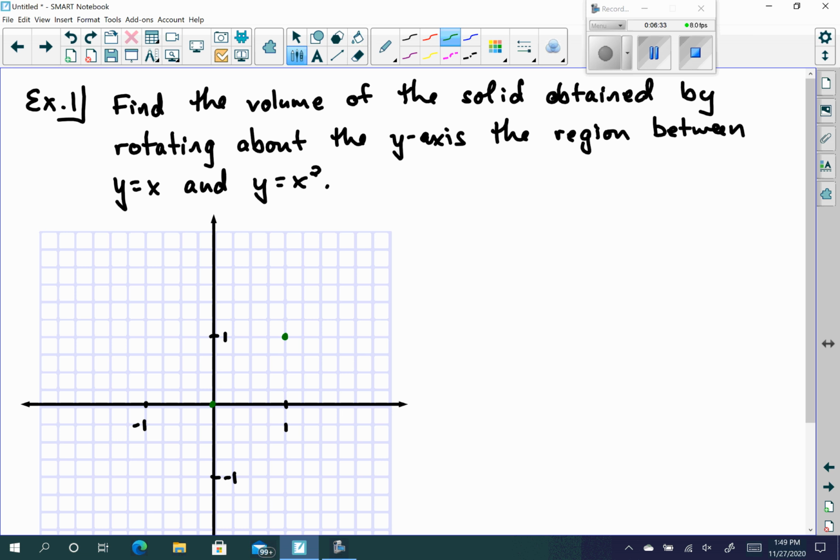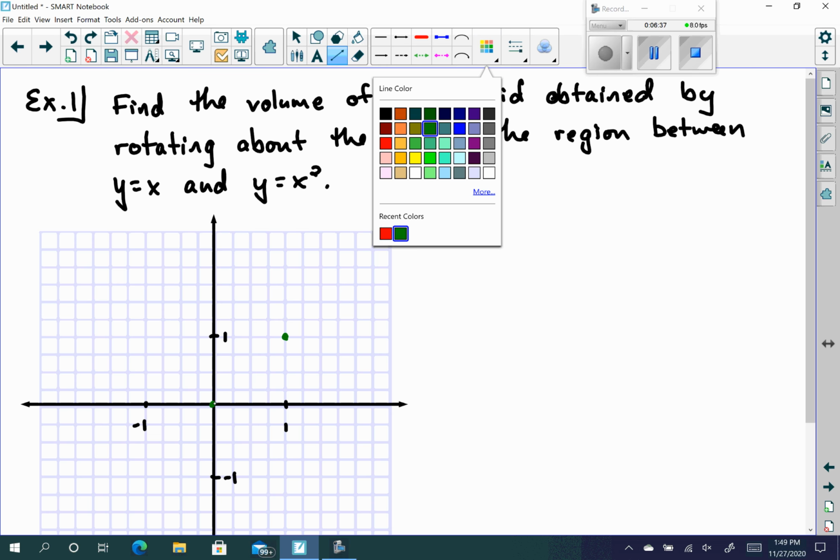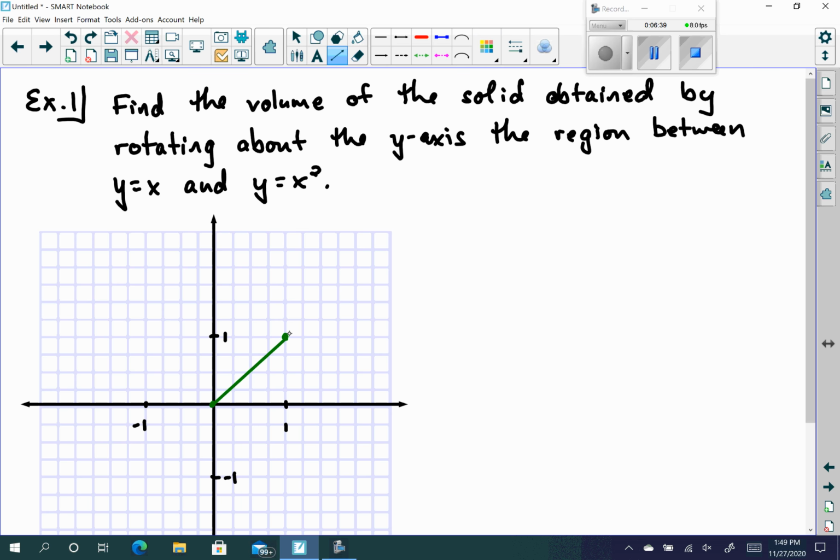So this will be the line y equals x. And then remember we had y equals x squared, which would still be from here to here. Remember how we went over a half and then just up a fourth? So that's what this section is going to be.